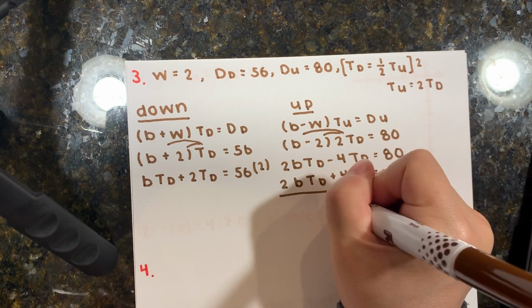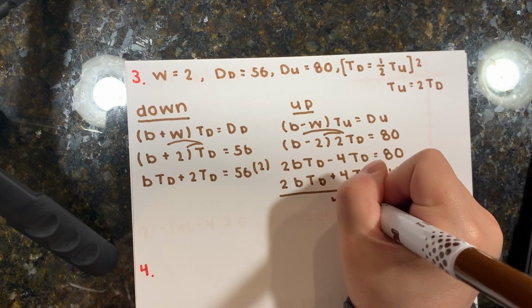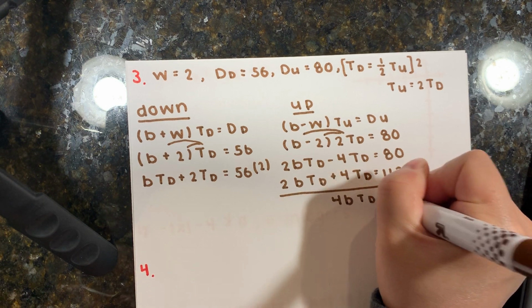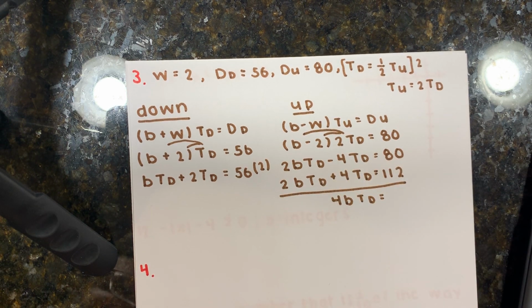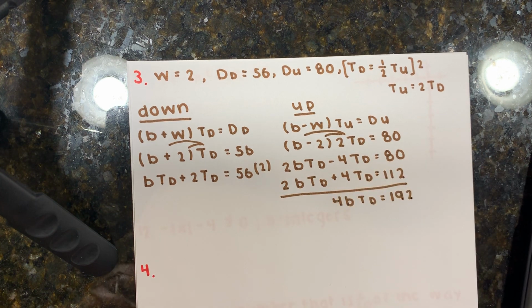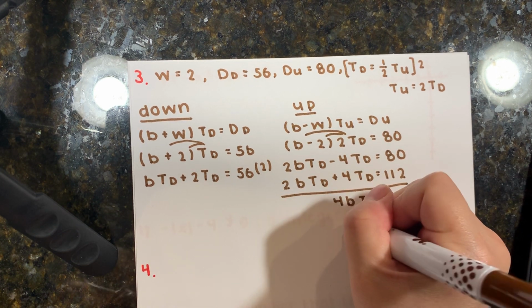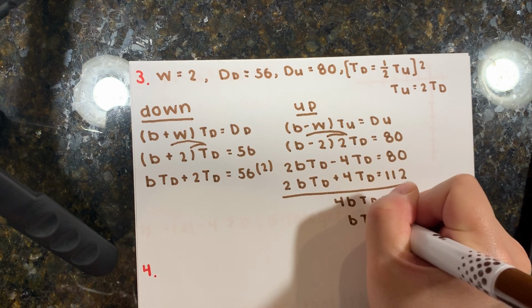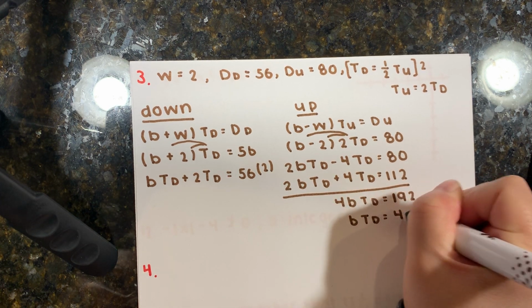The TDs would cancel, so I would have 4BTD equal to 192. Divide that by 4, so BTD is equal to 48.